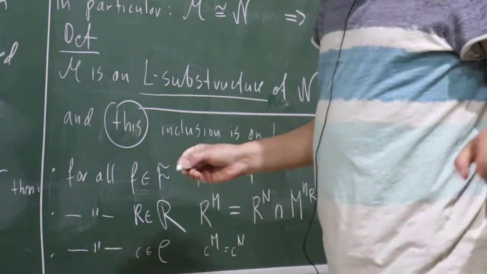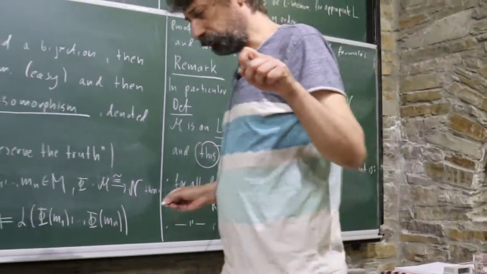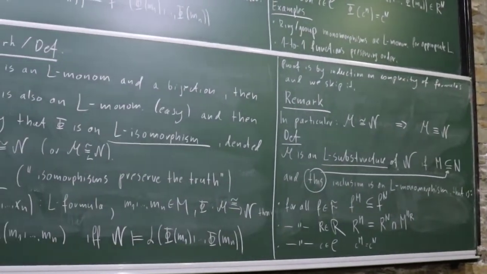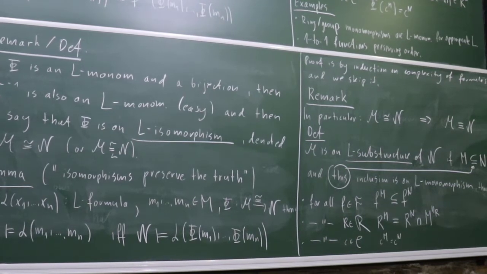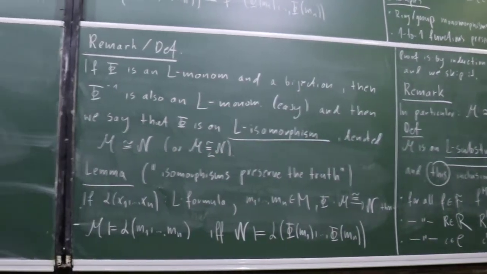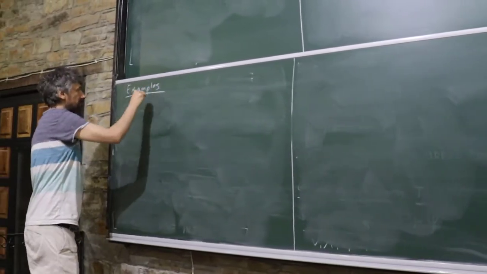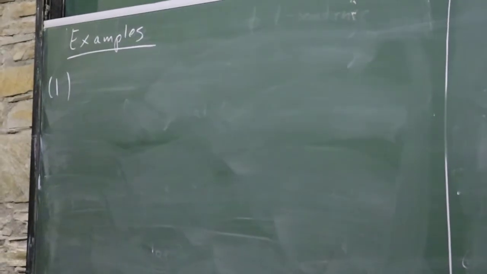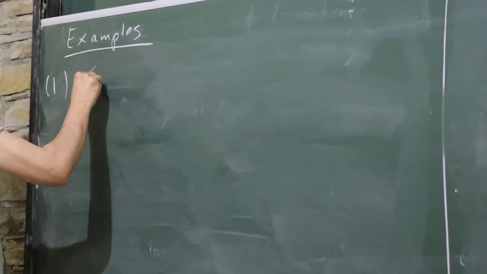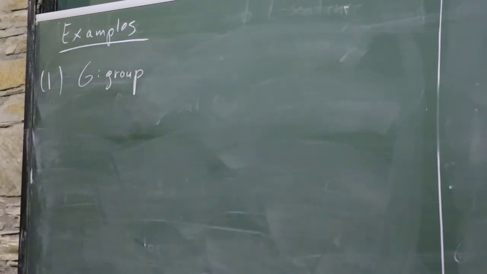So this is the moment to answer the question of the guy who didn't come today. Why did we call our language the language of rings? To make sure that substructures are subrings. Okay, so examples. So if G is a group, okay, then we can regard it in at least 3 languages.